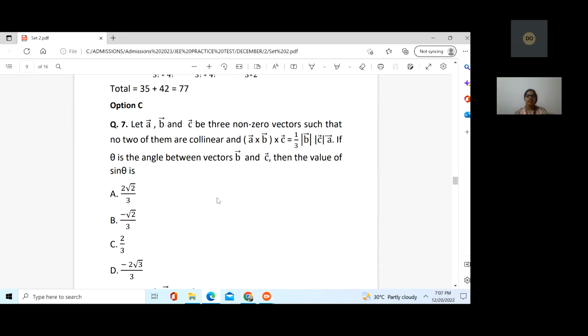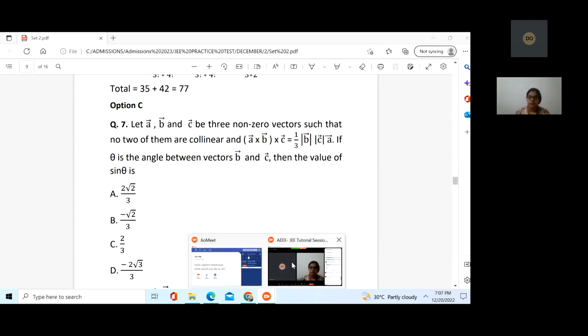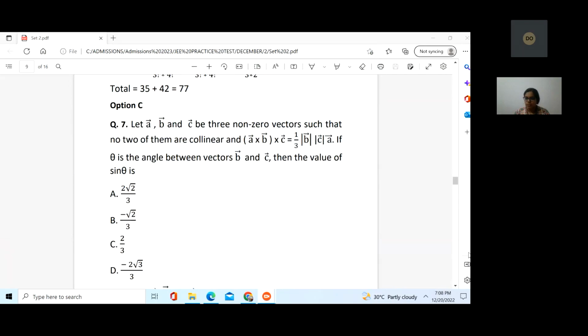Whatever is given in the question is that they are non-zero, they are not collinear, and we have an equation or a statement here. They're asking us to find the angle between the two vectors B and C. So I hope you have started solving this question.